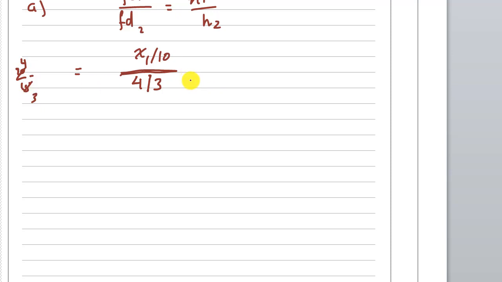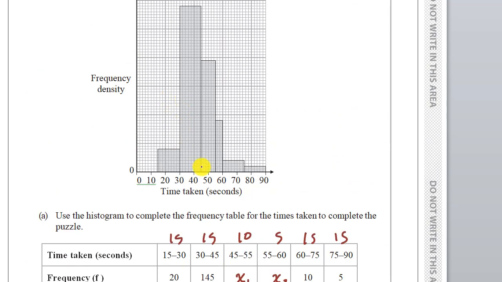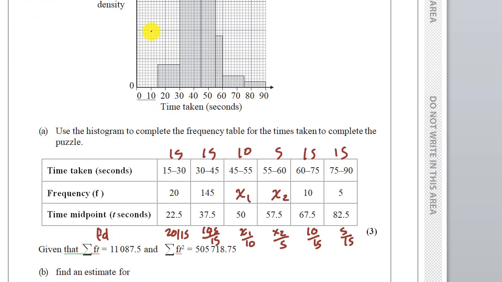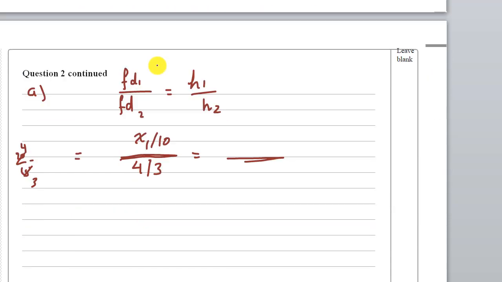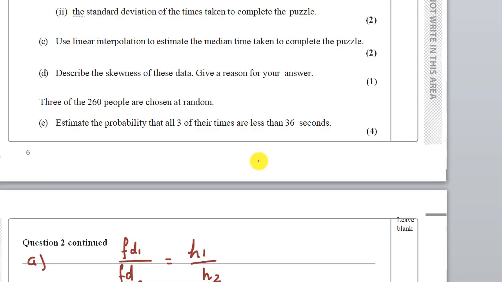This will equal the first height divided by the second one. The second one here is 0.8. I will assume this is 1, 2, and so on, so this is equal to 0.8. So H2 here is 0.8 from the figure.